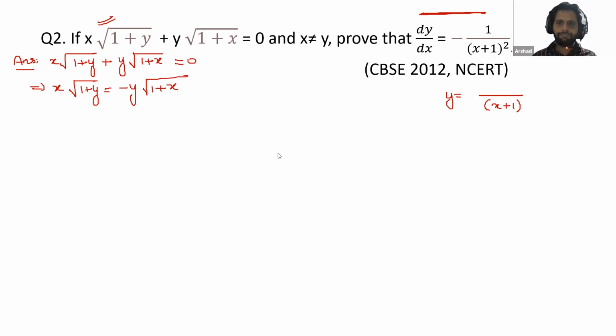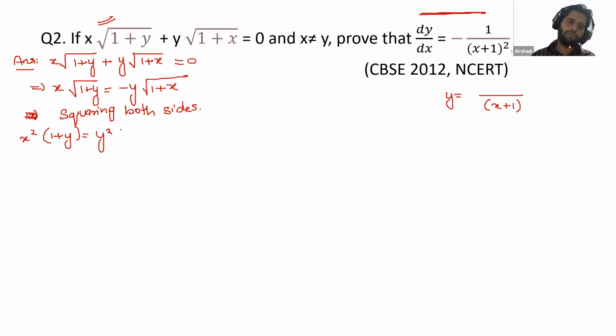Next, squaring both sides, what you will get is x square into 1 plus y is equal to y square into 1 plus x.